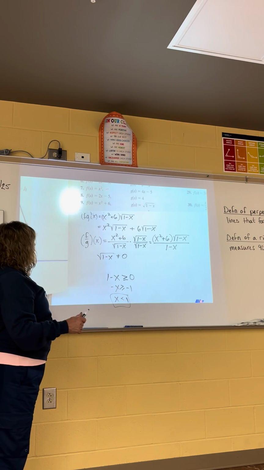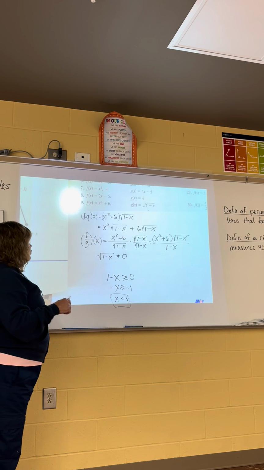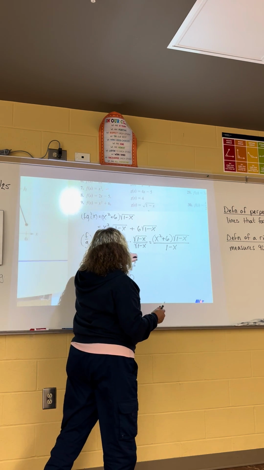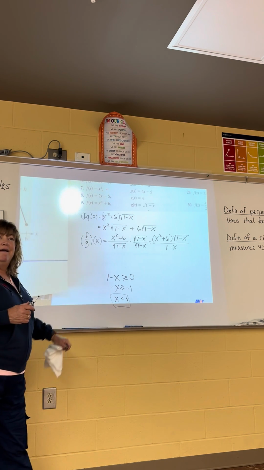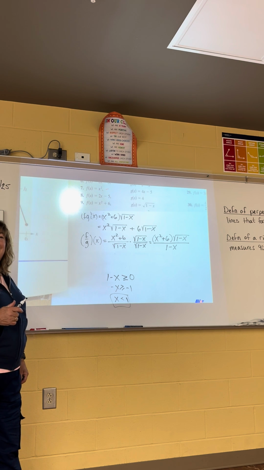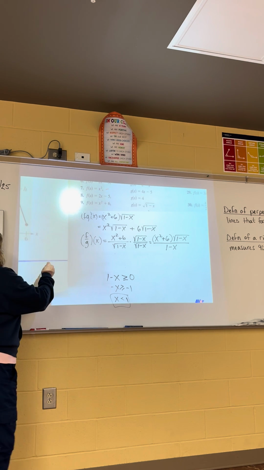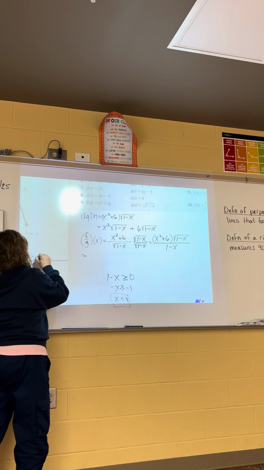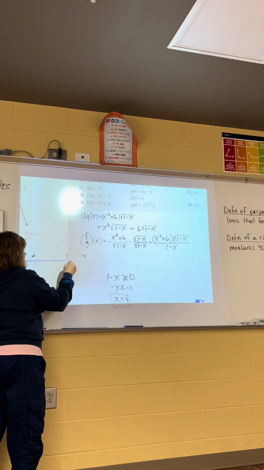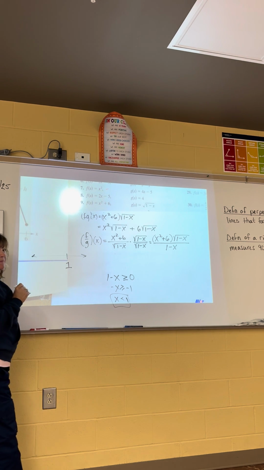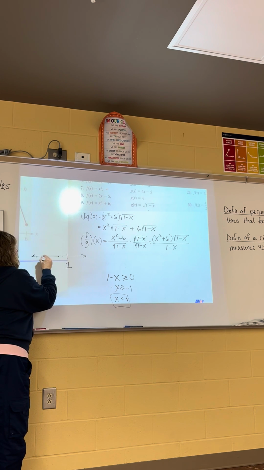Okay, so now what's my domain in interval notation, Maddie? I did this because I want you to practice it. So what would my number line look like? We talked and you said you liked the number line. It's gotta go to the left. And what's gonna be on the 1, an open dot or a solid dot?